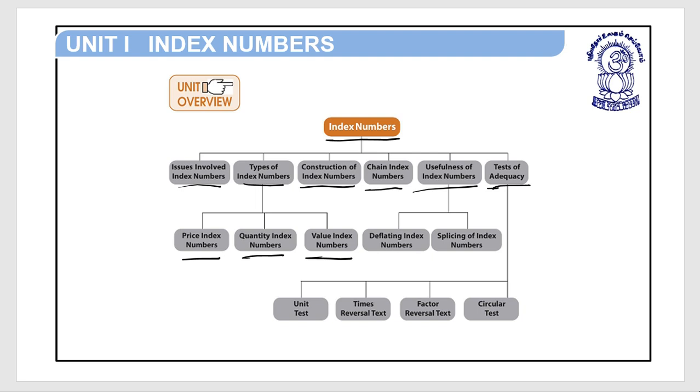Usefulness of index number is divided into two: deflating index number and splicing of index number. Test of adequacy is divided into unit test, time reversal test, factor reversal test, and circular test.